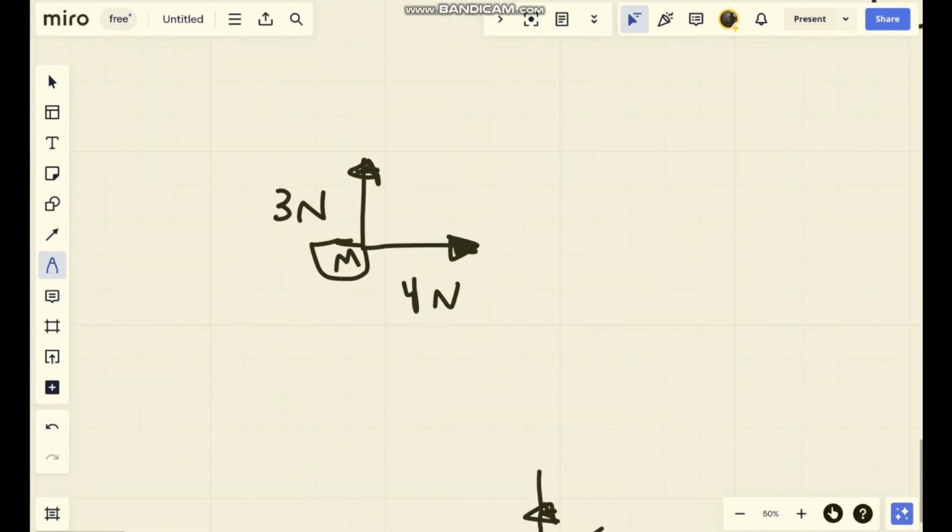And that is what happens here. They both have the same point of origin. Plus, they have a 90-degree angle between them, so we can apply Pythagoras here.